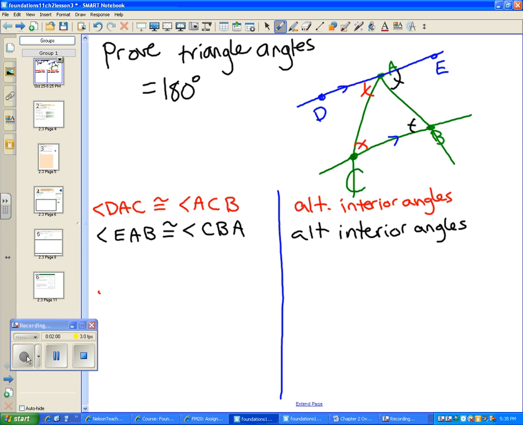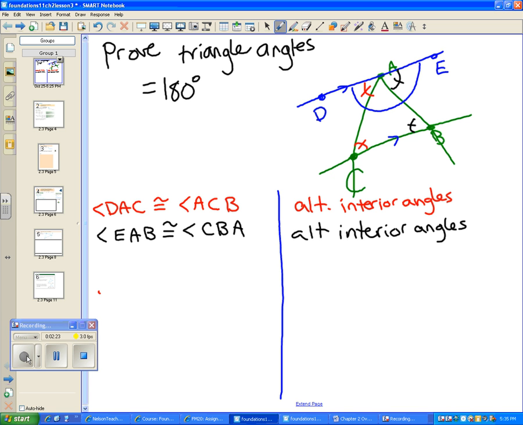What we're going to do next is look at a straight line here, and pull some information from that straight line. The straight line I want you to look at is line DE. Line DE is actually a sum of a bunch of angles.